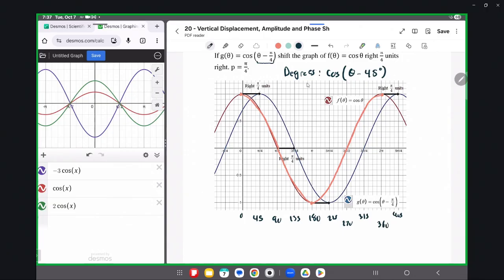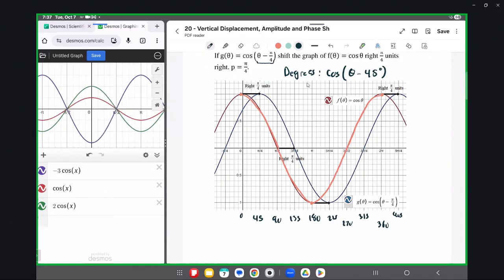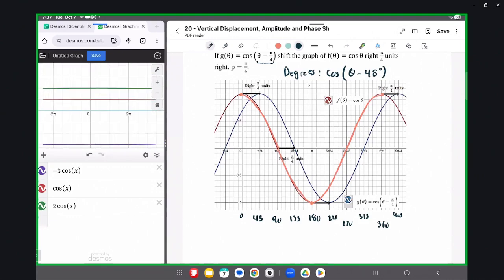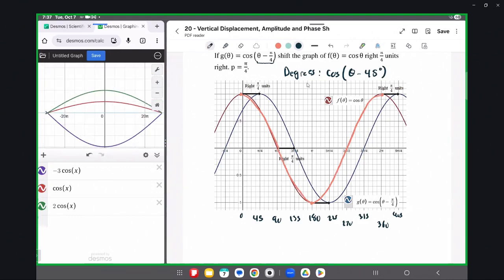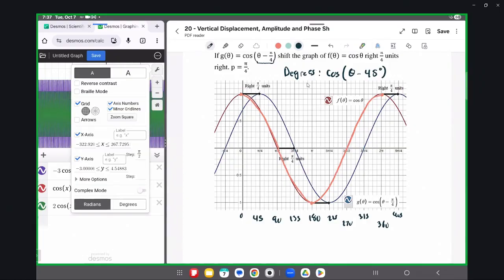In which case you're dragging each of these units 45 degrees over to the right. You can do this in degrees or in radians, just make sure you're in the right units. For example, my Desmos graph on the left, which I'm showing, is currently in radians, but if I click on the degrees button, I have to make sure to transform it over into degrees, or it's not going to be what I claim it to be.